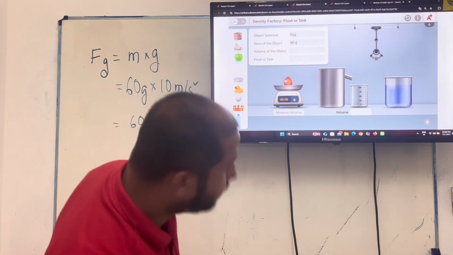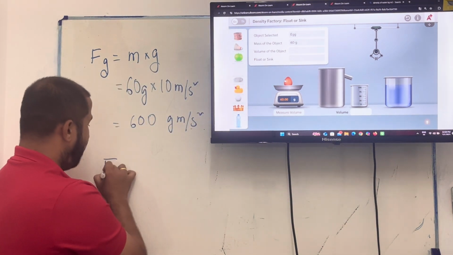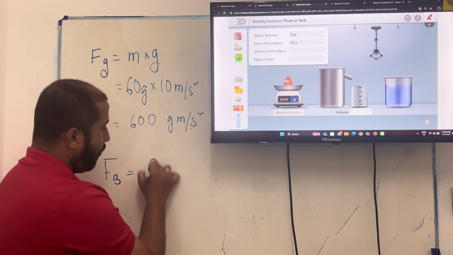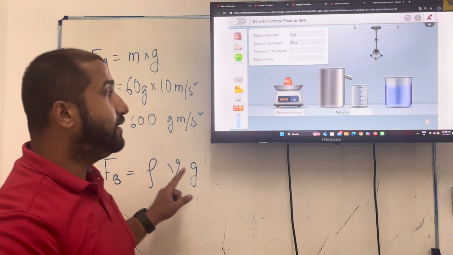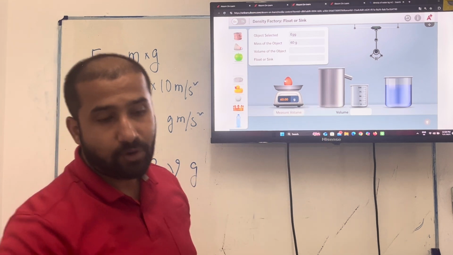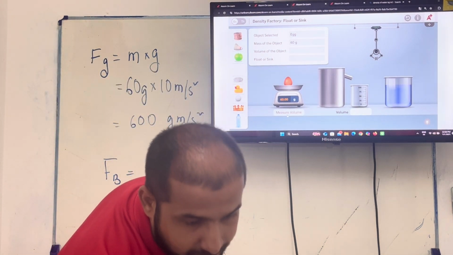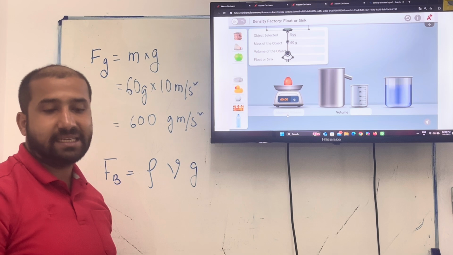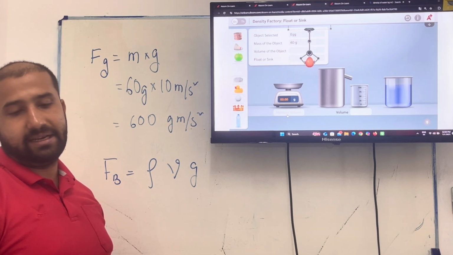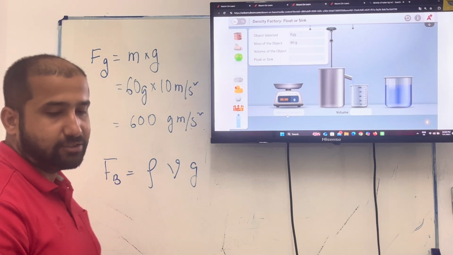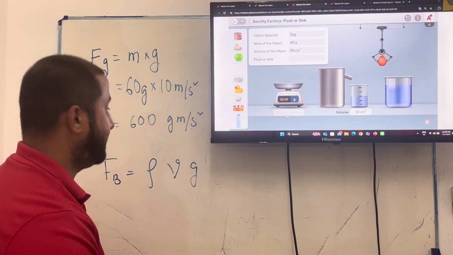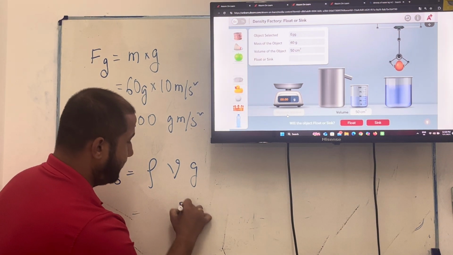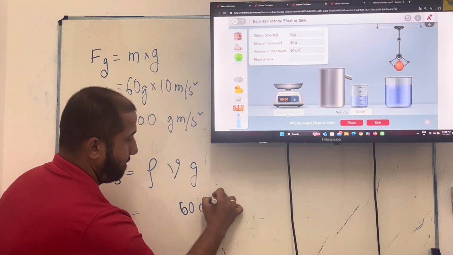Now, if we want to measure the buoyancy force, rho Vg. V is the volume of the displaced fluid. So how do we measure it? We will put the object in the liquid and it will displace some liquid. So how much liquid does it displace? It will displace 50 centimeter cube.